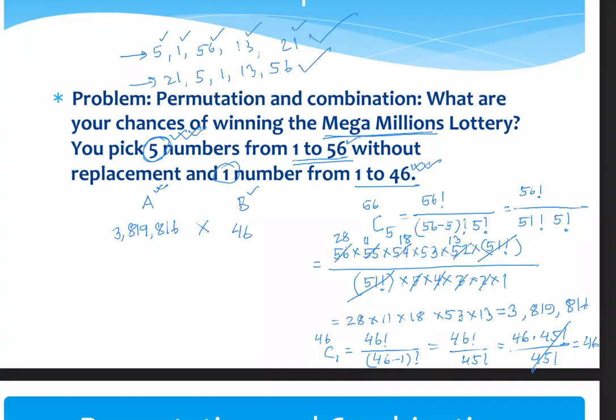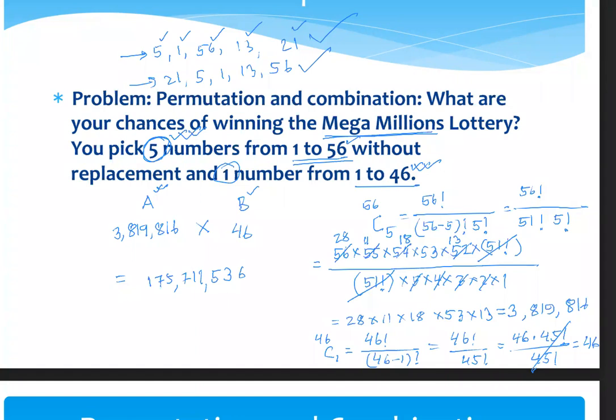So it's going to be equal to 175,711,536. So there are 175,711,536 different ways you can play the lottery.